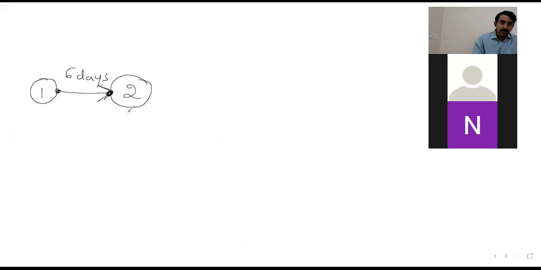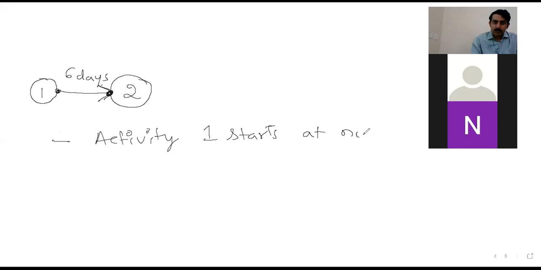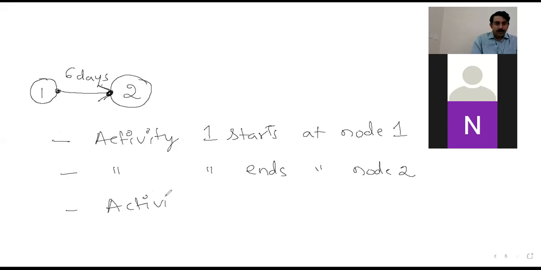This is not the complete network diagram. This is just one step. Okay, so activity 1 starts at node 1. Activity 1 ends at node 2. So this activity 1 takes 6 days time.